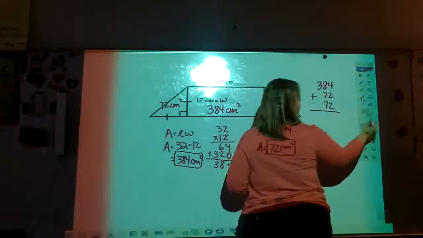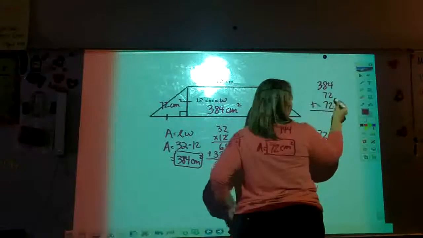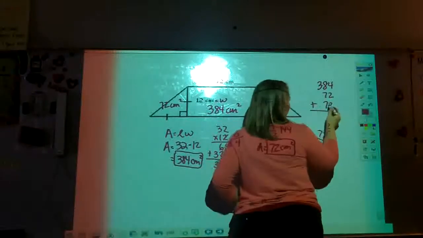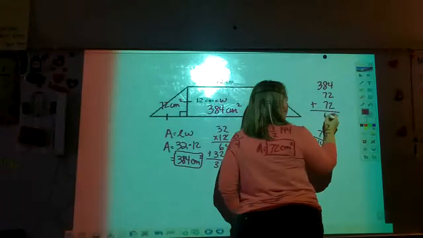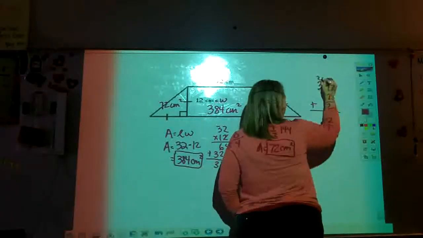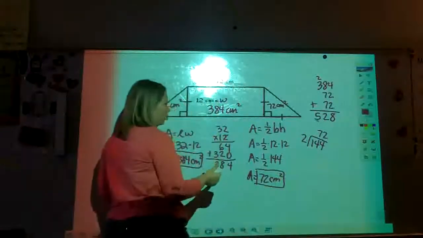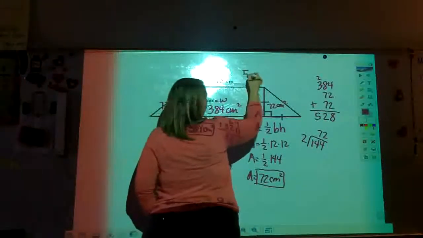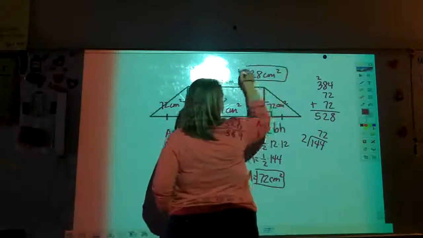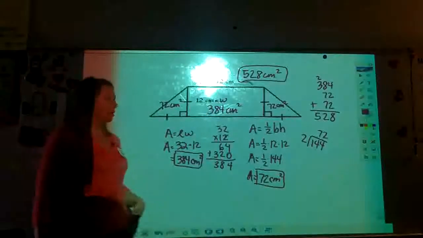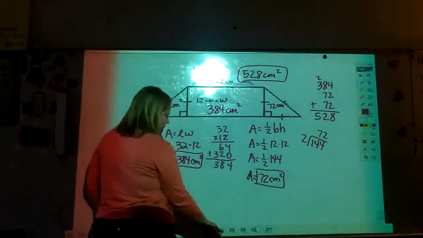Sorry, I put my plus sign in the wrong spot. 2 plus 2 is 4 plus 4 is 8. 7 plus 7 is 14. 14 plus 8 is 22. Regroup. 2 plus 3 is 5. So the total area of my composite figure is 528 square centimeters.